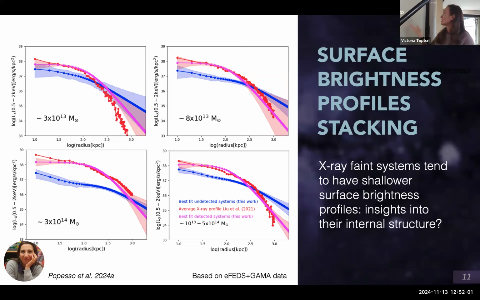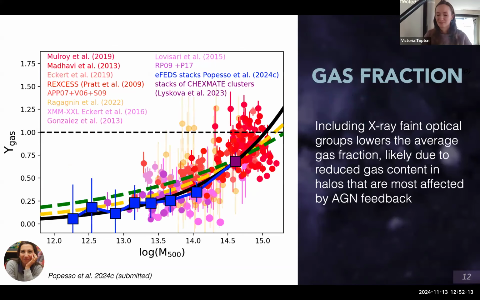And you can see here that undetected groups usually have shallower surface brightness profiles, and maybe it will give some insights into their internal structure. And also, as I already said, it's interesting to check gas fraction inside R500.